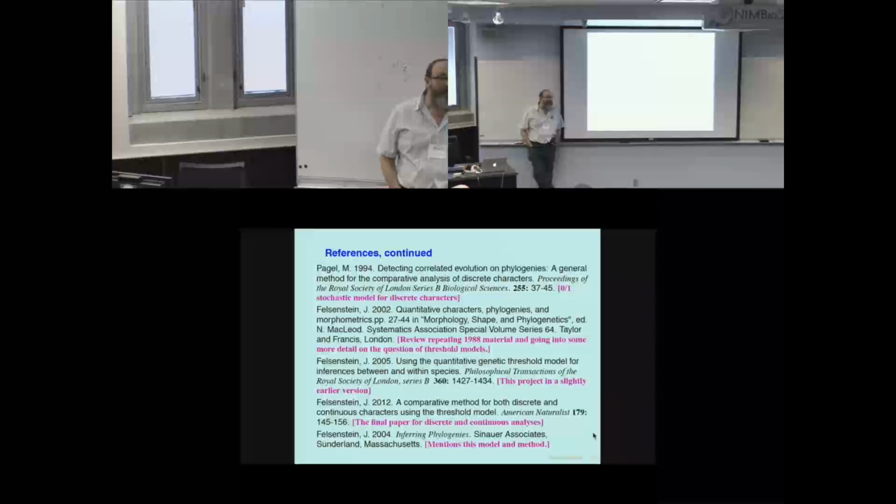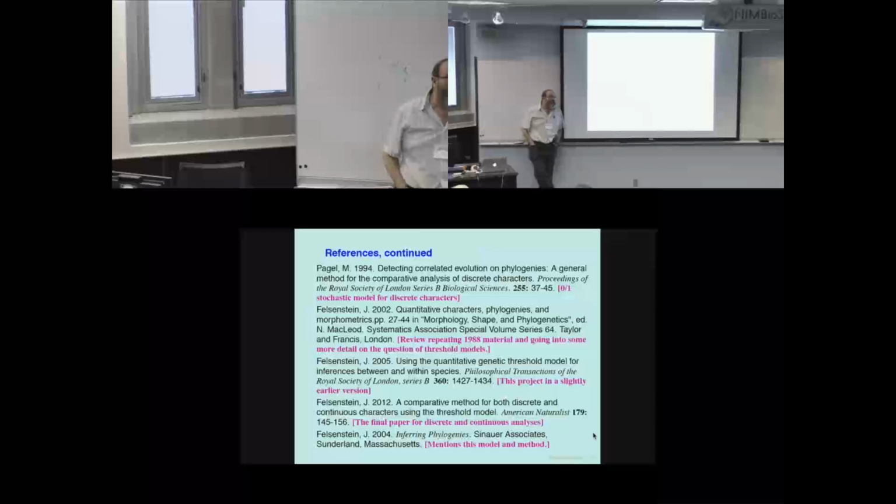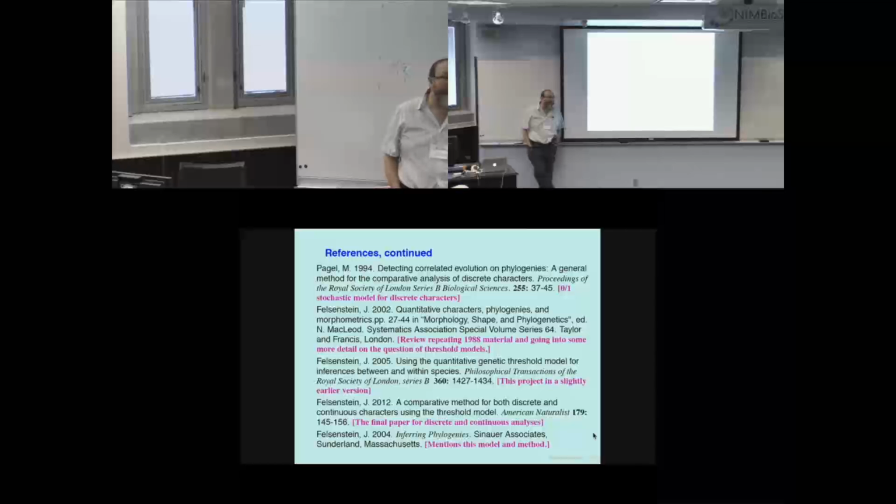I think there'd be some further rethinking to do if its fitness effect was through the discrete trait, but that would be much better, and you would have a much better hand on the liabilities if you could actually observe them. I don't know of a case, but there might be some out there.